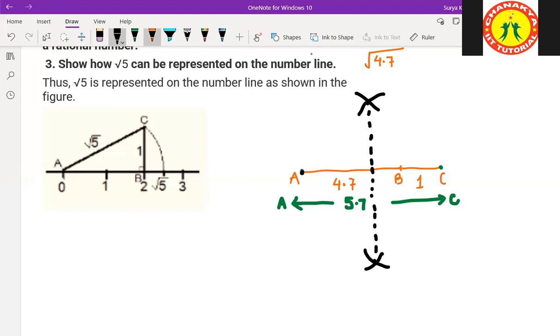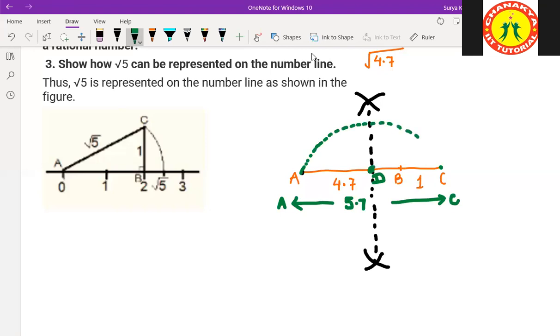Now you can draw one circle. This is your point. Suppose you name it D. Draw from this point with AD as a radius one semicircle.